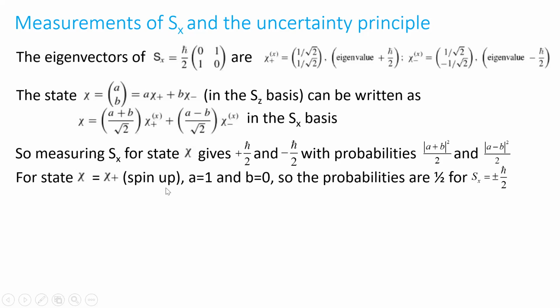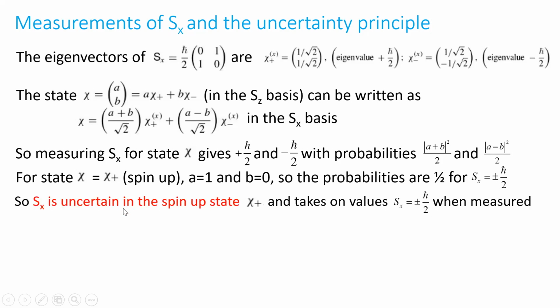Okay, so we can get either plus h bar over 2 or minus h bar over 2 with equal probability if we put in the spin up state for the SZ basis and measure SX. So we can say SX is uncertain in the spin up state chi plus, and it takes on these values plus or minus h bar over 2 when it's measured.